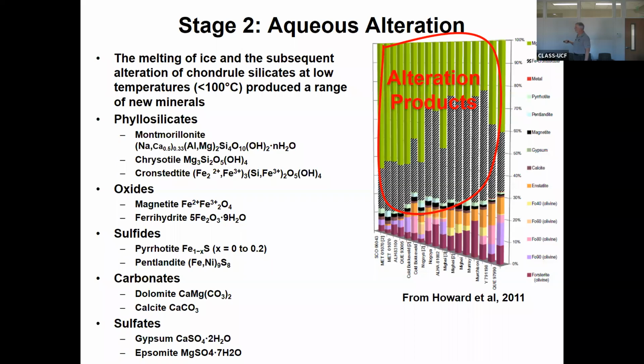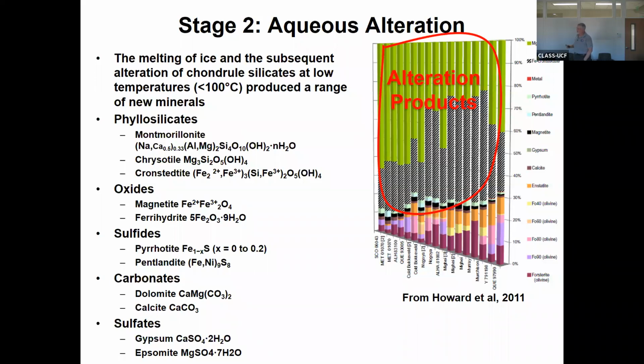Same story down the list. Carbonates, sulfates. Sulfates, of course, you're stuffing lots of water into these guys. So essentially what you're creating, like the CM carbonaceous chondrites shown here, are materials that are essentially 60 to 80% alteration products. And what's down here is the stuff that essentially survived the alteration.